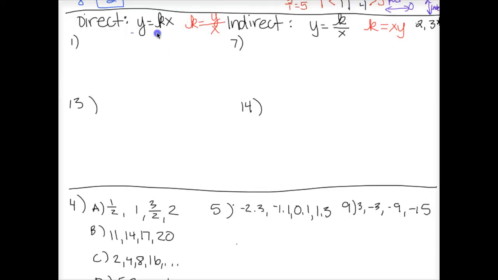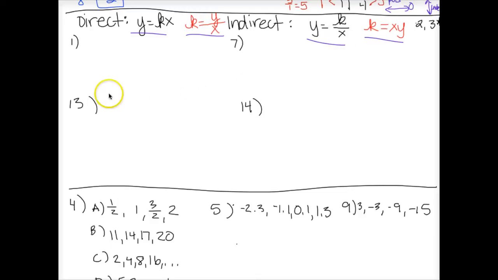Note that these two things are the same thing, just solved for a different variable. Same thing over here with indirect variation. Here, y equals k divided by x, which means that if I was looking for the constant of variation, I would get it by taking x times y, because that's how I would get k alone here, by multiplying by x.